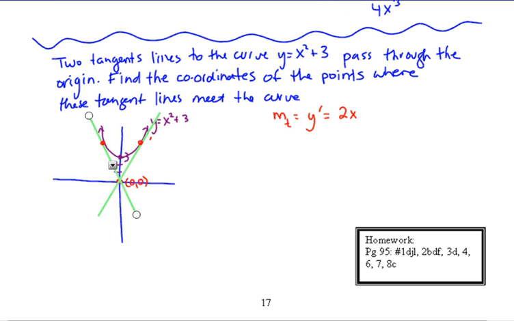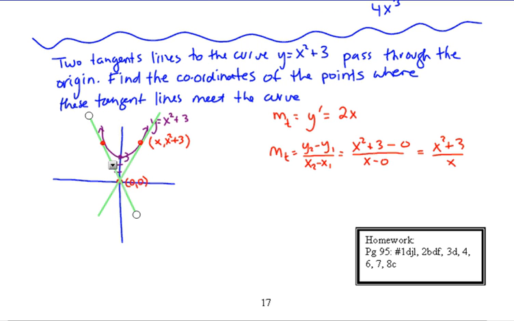What is this point going to be here? x, comma, our y value is x squared plus 3. So our tangent slope is also equal to y2 minus y1 over x2 minus x1, or x squared plus 3 minus 0 divided by x minus 0, or x squared plus 3 over x. So that's another equation for our slope. So what can we do now?